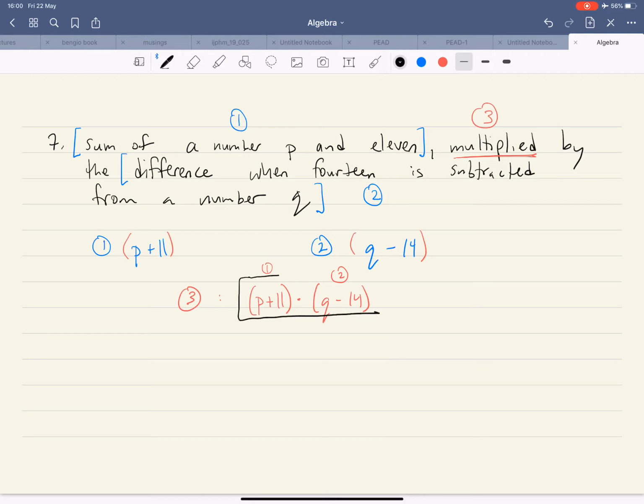Now, if you'll notice, I often box my answer. And that's because when I'm solving problems, I like to be able to look at the problem and see where the answer is. And so when you box your answer, you can very quickly see where the answer is.